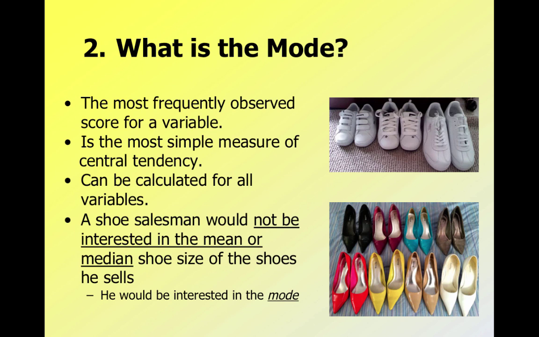But he's not going to want to know, oh, he sells a 6.75 shoe size, which is the average. Because first of all, there isn't a 6.75 shoe size. And really, that's not going to meet the demand of the most frequent shoe size, which is a 6. So in this case, if you're a shoe salesman, you'd be interested in the mode of the shoe size you sell the most.